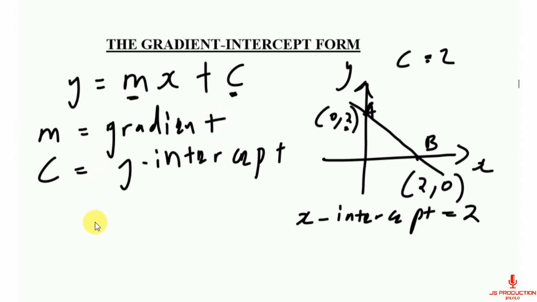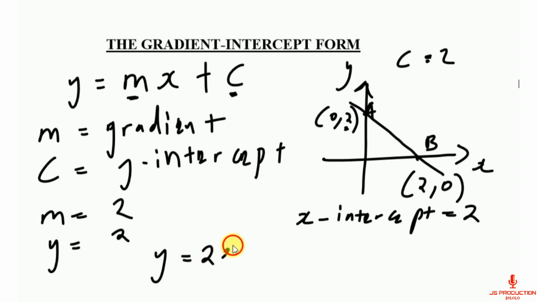For example, if the question says your gradient is given as 2 and your y-intercept is given as 2, you can say your equation of the straight line will be y = 2x, since the gradient is 2, so we replace m with 2, plus c.